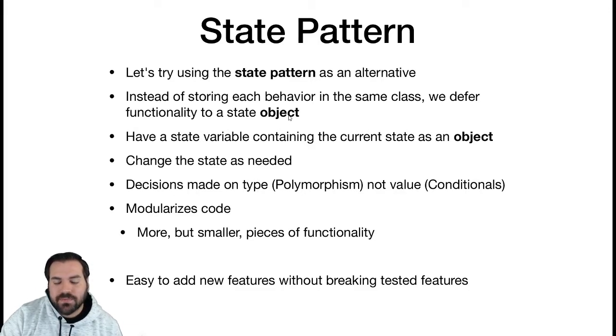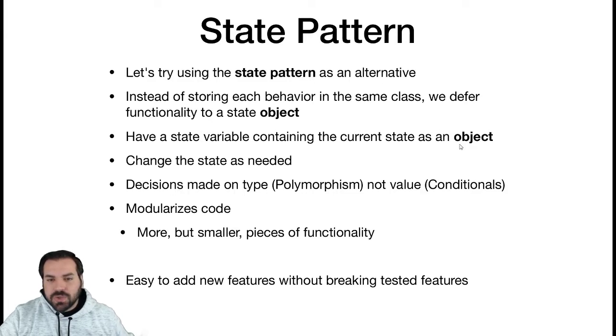So we're going to defer our functionality to an object of some type, which we might not even know. And we're going to ask that object, hey, do your thing, do your behavior. And depending on the type of that object, we're going to get different behavior out of it, which is going to represent the current state of the object that it's attached to.